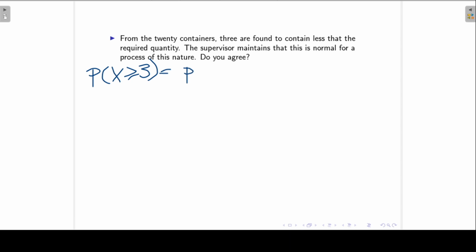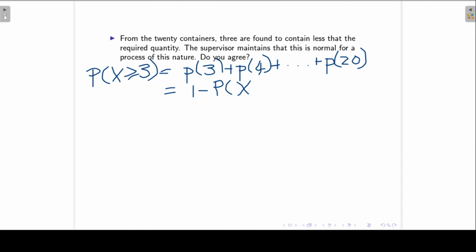So that is the probability that x is 3 plus the probability that x is 4. We add them all together up until the probability that x is 20. So this is a lot of calculations, and we can also write it as 1 minus the probability that x is less than or equal to 2.